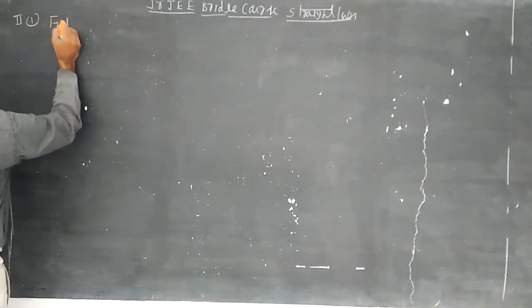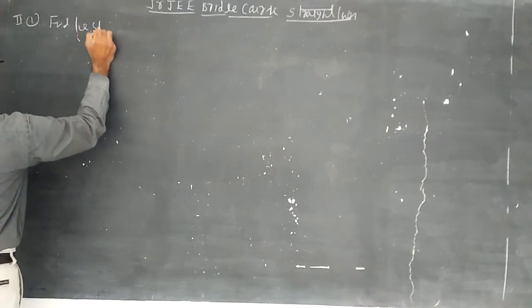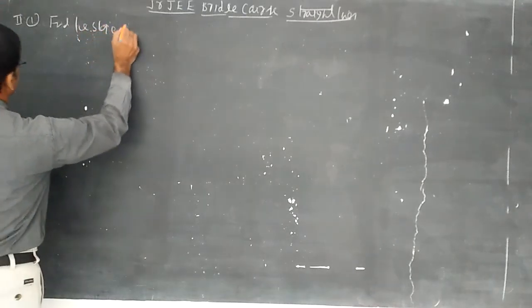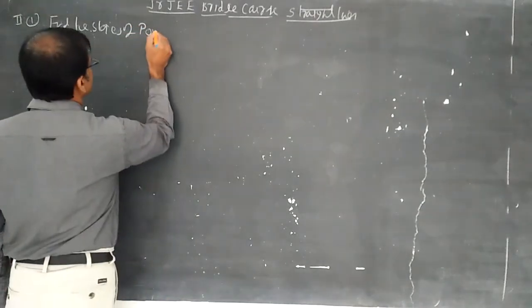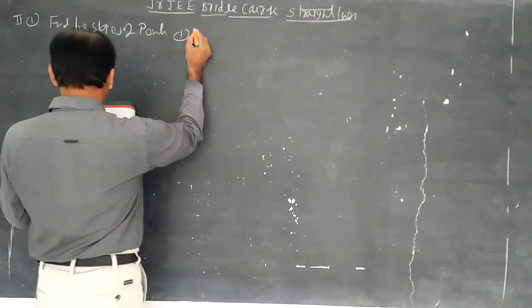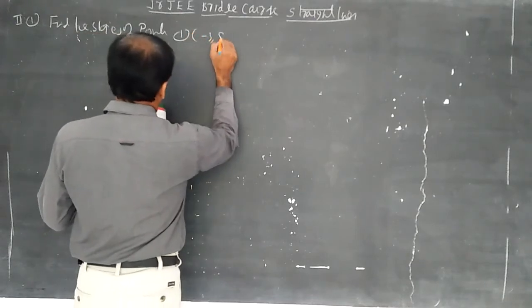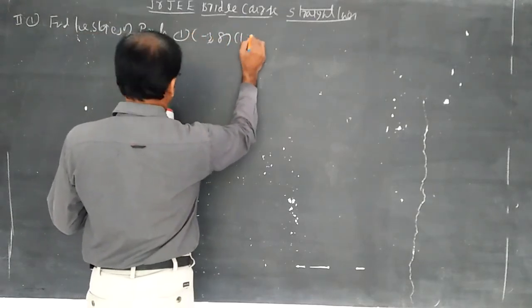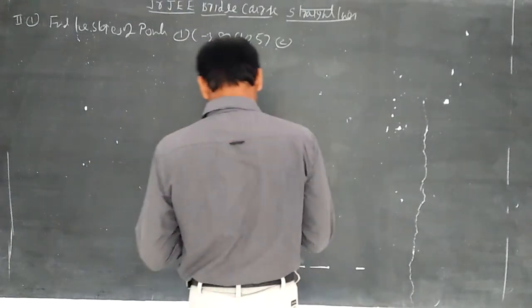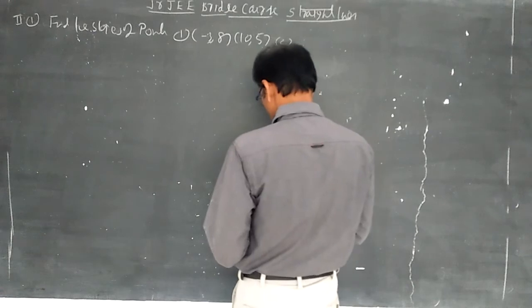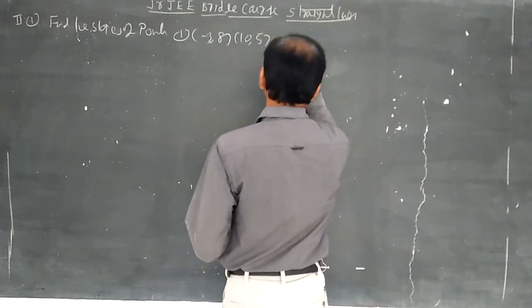First one, find the slopes of the points: first, (minus 3, 8) to (10, 5). Second one, (3, 4), (7, minus 6).